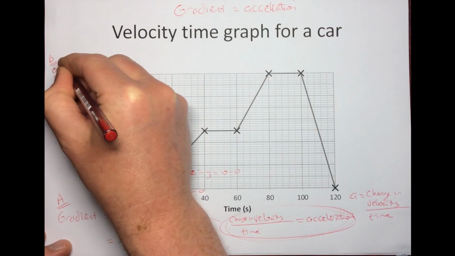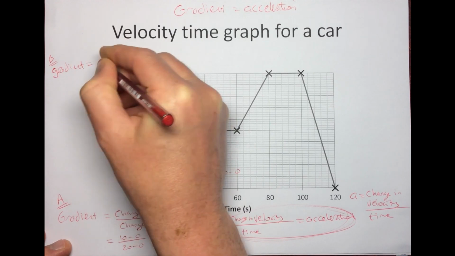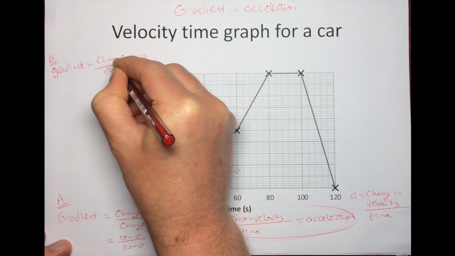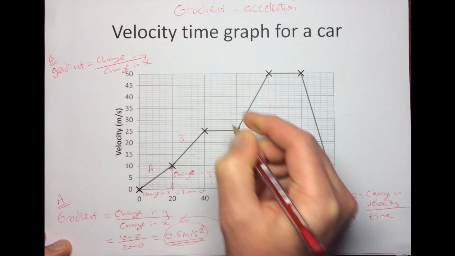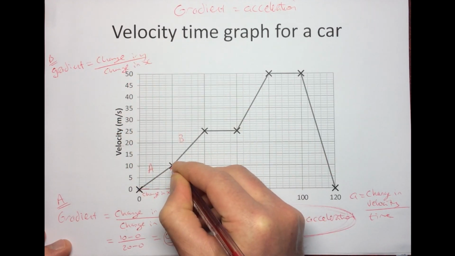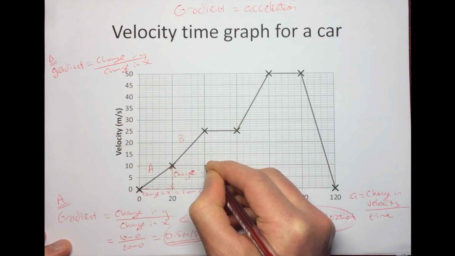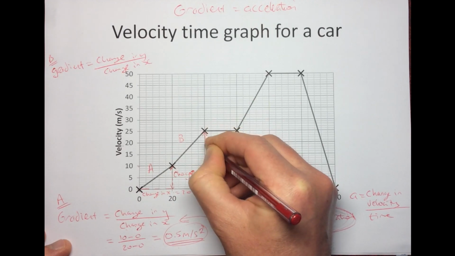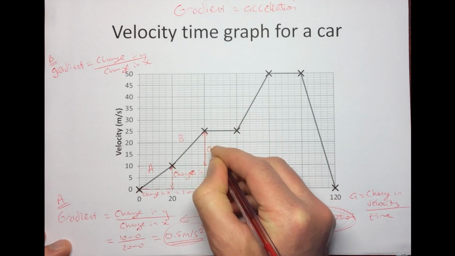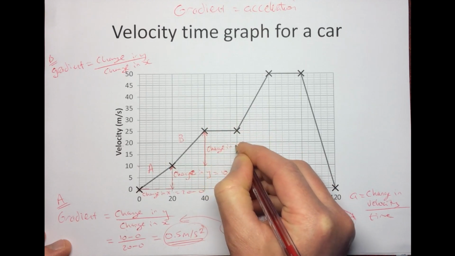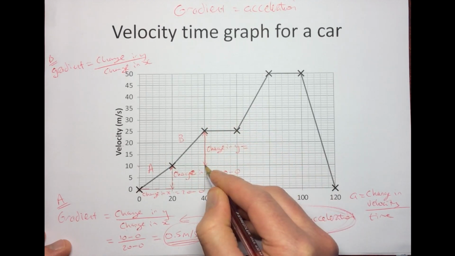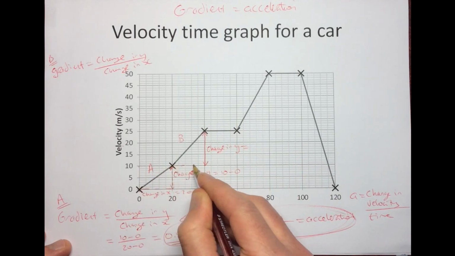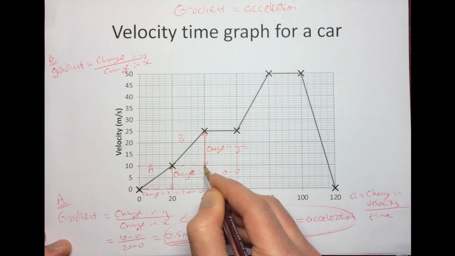So the gradient, using the gradient method, is equal to change in y over change in x. Looking at the start of B, this is your change in y. When you start section B, you're already moving at 10 meters per second.